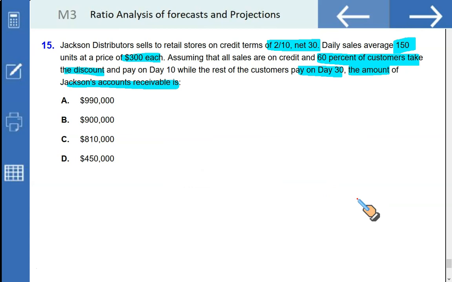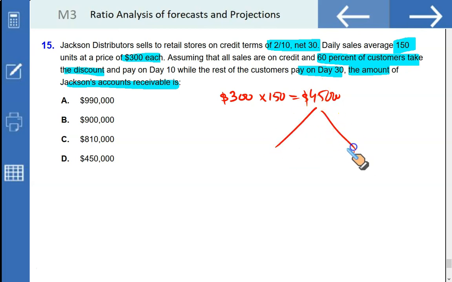You can find another way to do it in a quicker way. You sell $300 per item and you sell 150 items each day, right? So your daily sales is 300 multiplied by 150. That is $45,000, right? $45,000 is what you sell every day.